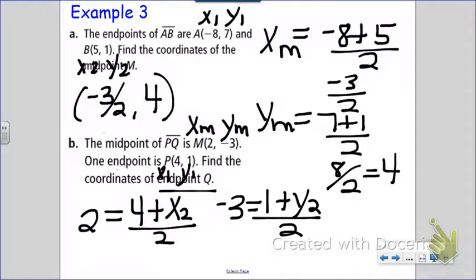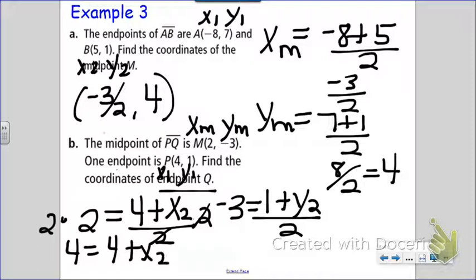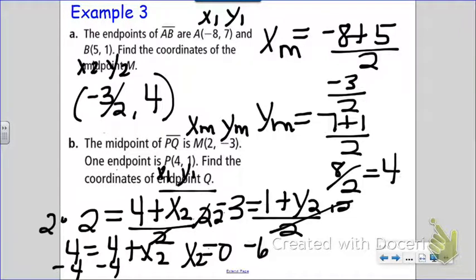Now I want to get rid of the fractions, so I'm going to multiply both sides by 2. 2 times 2 is 4, equals 4 plus what number? Subtract 4. My number is 0. 4 minus 4 is 0. Then over here, if I multiply again both sides by 2, 2's cancel on the right. -6 equals -1 plus what number?